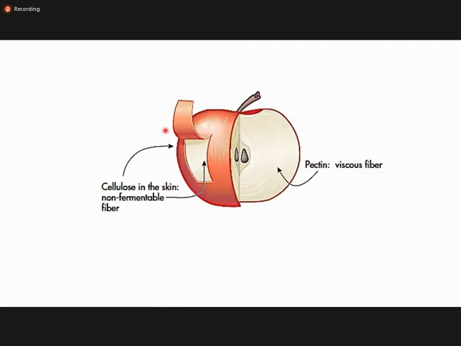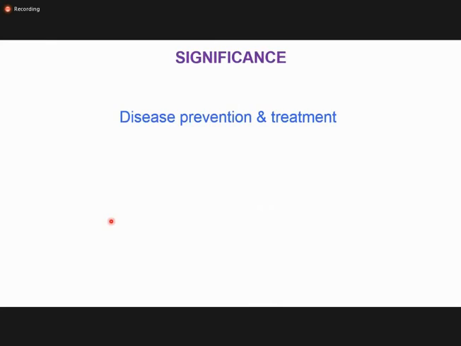So a fruit can contain both soluble and insoluble fibers, cellulose and pectin, at the same time. What you need to remember is that the major contribution of fibers in our diet comes from the plant kingdom: fruits, vegetables, and cereals as well.